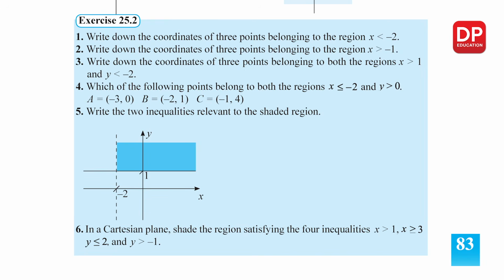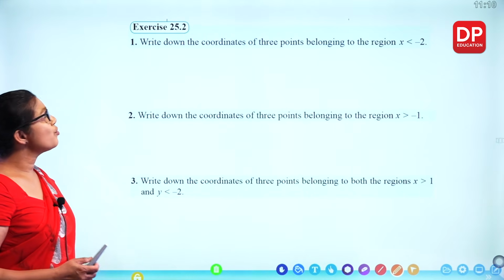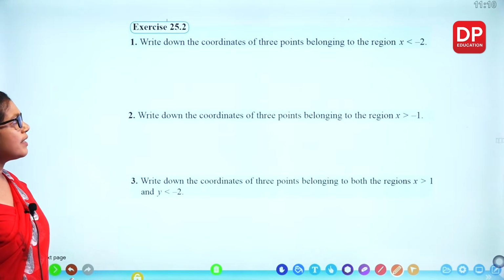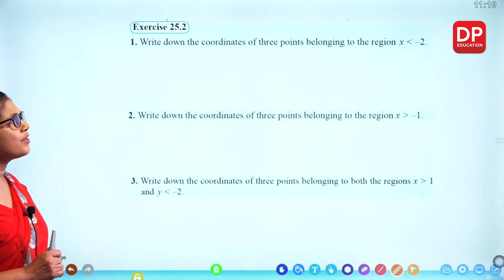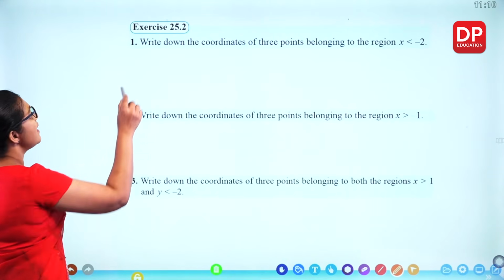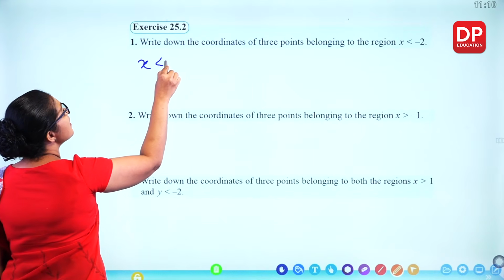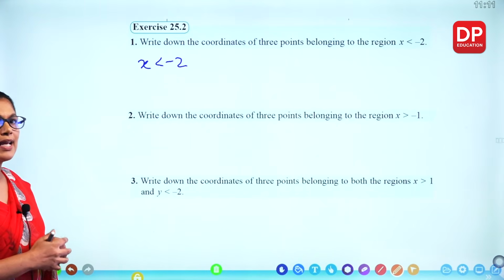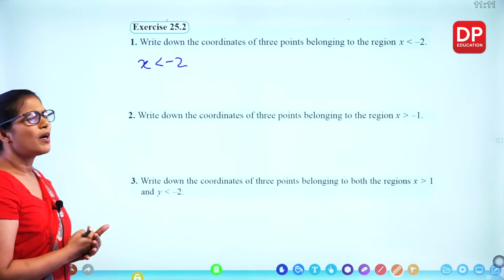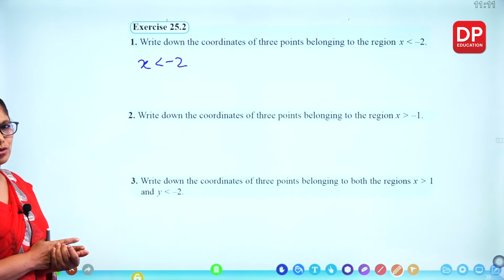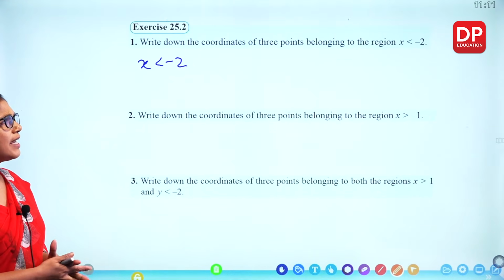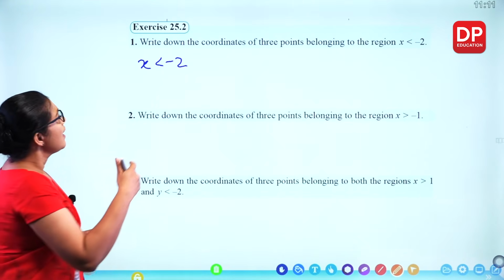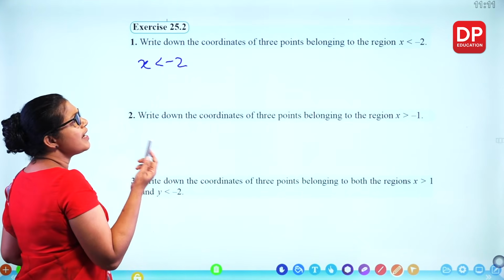Now we'll look at exercise 25.2 in your textbook. In the first question, it says write down the coordinates of 3 points belonging to the region x less than minus 2. So here less than means the x value should be less than that. So what are the values less than minus 2? You can take minus 3, minus 6, minus 9, and you can write any 3 coordinates.